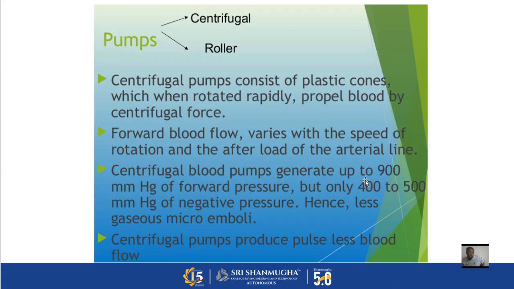Centrifugal blood pumps generate up to 900 mm of mercury of forward pressure but only 400 to 500 mm of mercury of negative pressure. Hence there is less gaseous microemboli, which should be removed from the circuit. Centrifugal pumps produce pulseless blood flow.